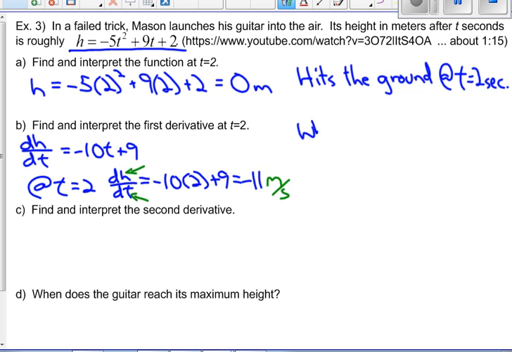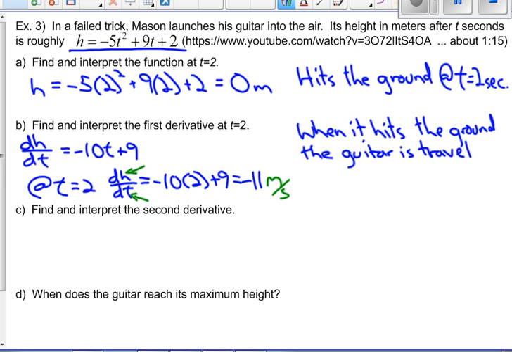So what we now know is when it hits the ground, the guitar is traveling downward at a rate of 11 meters per second.